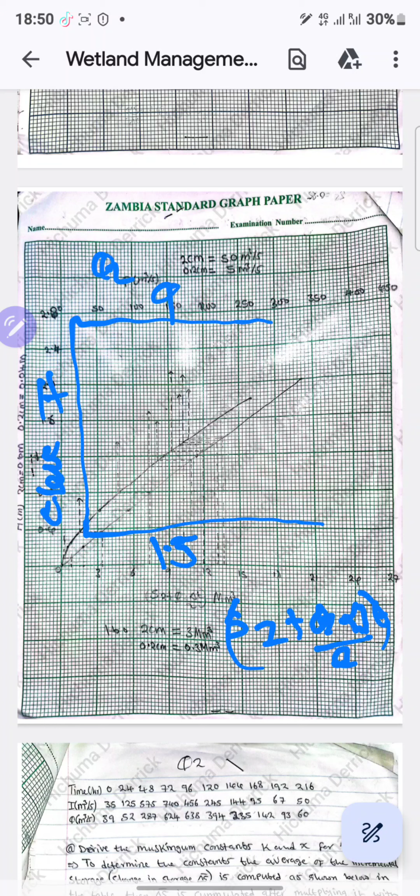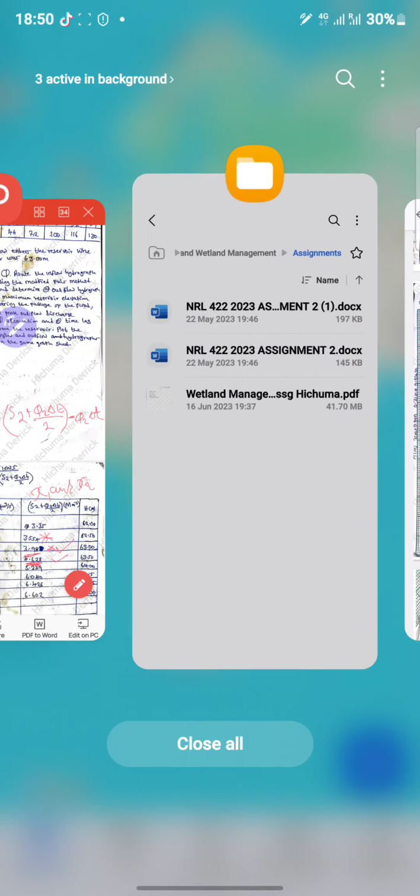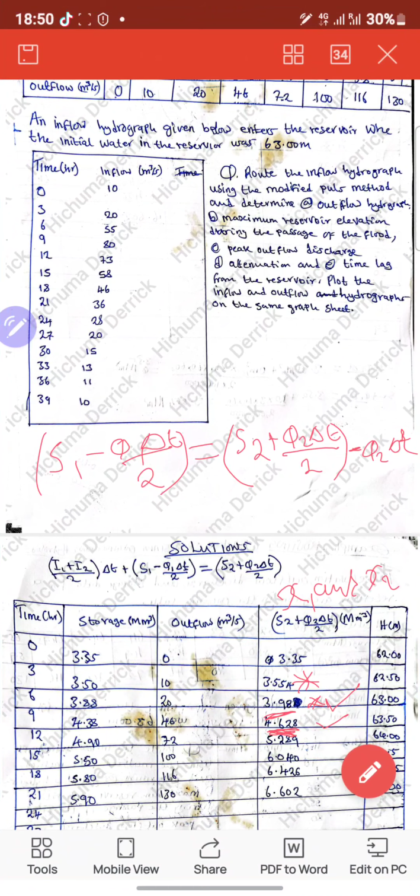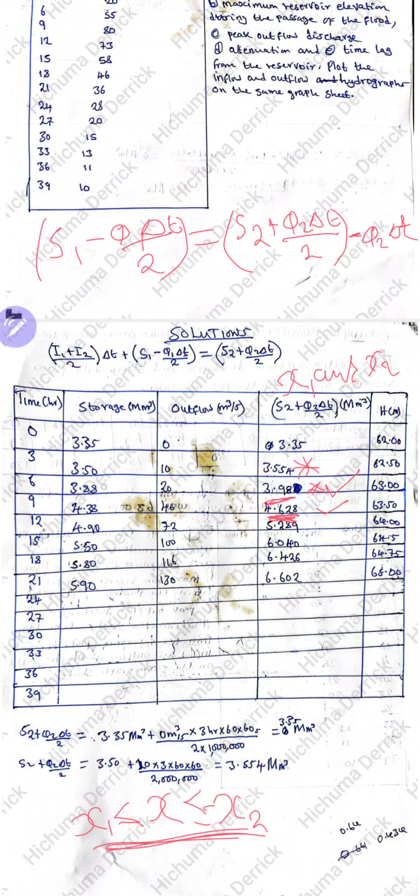Okay, now you start first by plotting. Remember, we already have the values, so we have created this relationship that I was telling you. So then you start plotting. You plot this indicative storage against this H here, which is the elevation.